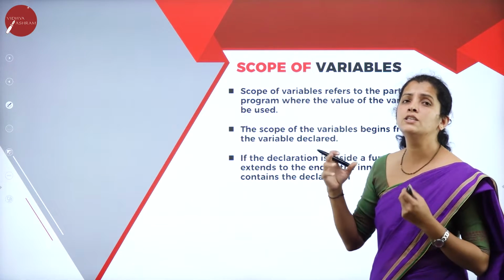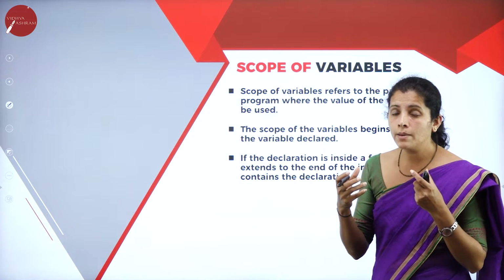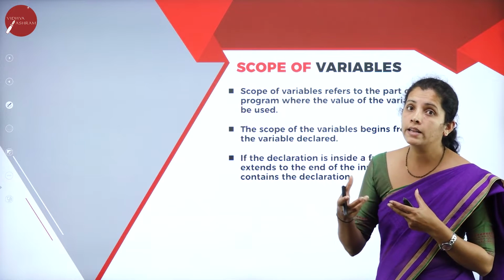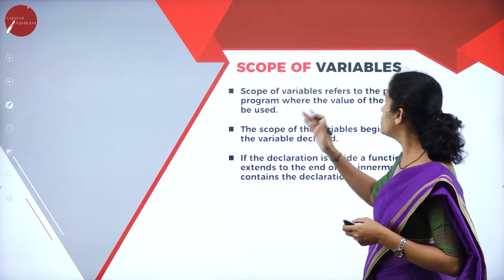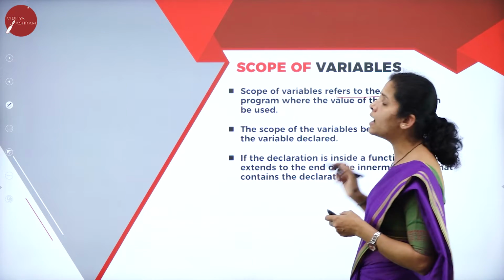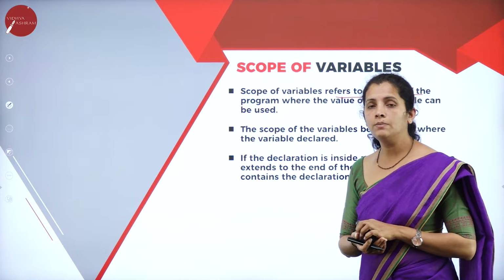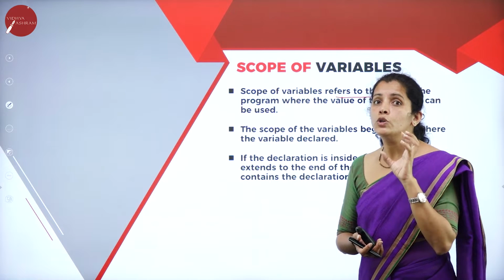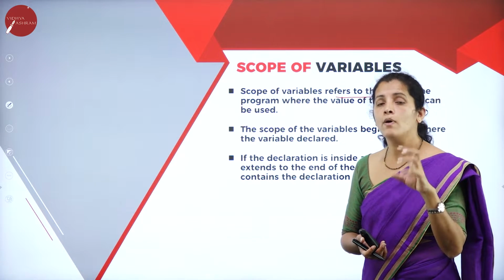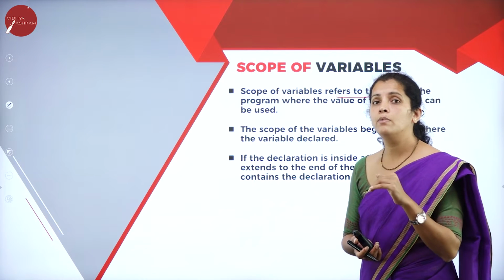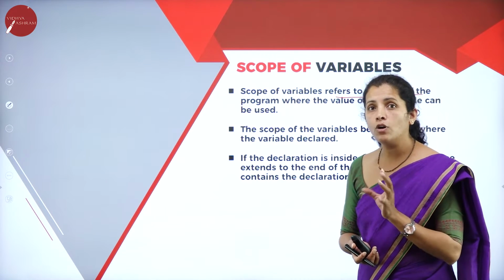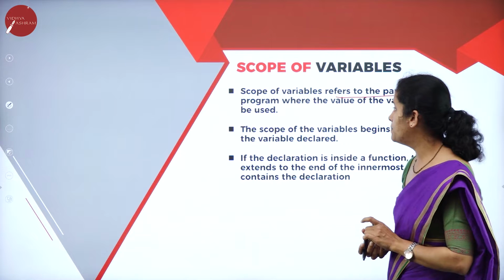That is nothing but whether a variable is usable within or outside the program. That means which particular variable we can use in the main program, which variable we can use in the subprogram, etc. And this is called scope of the variables.